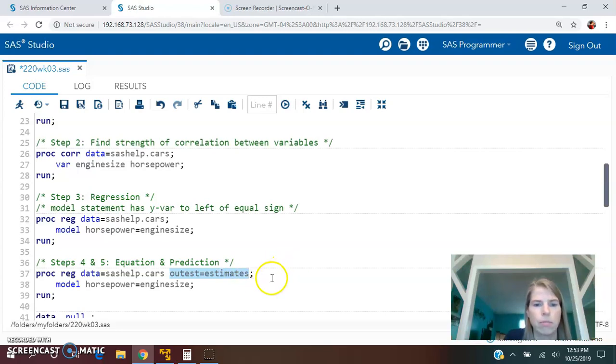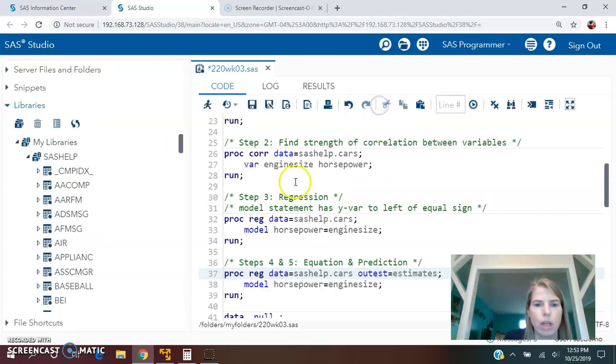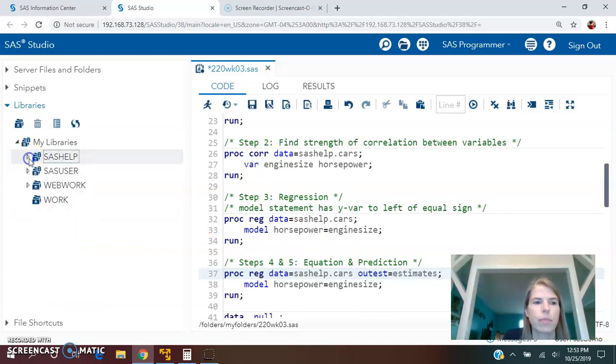Outest equals something, and I'm just going to call it estimates. What this is going to do is take the values that were in my parameter estimates table and send them to a data set in the work library. So let's take a look here after we run this step.